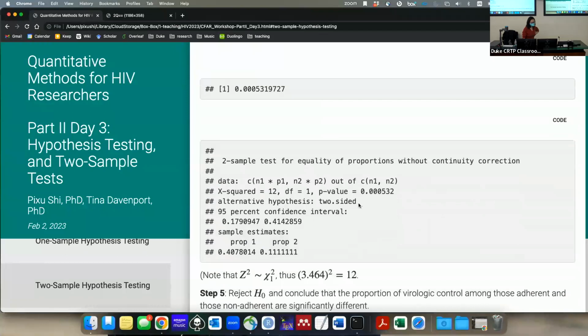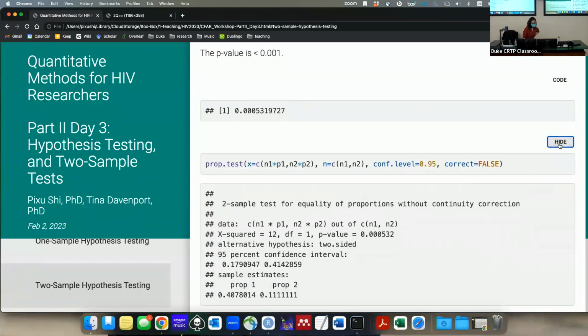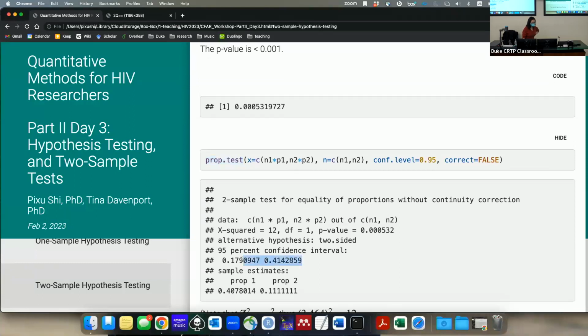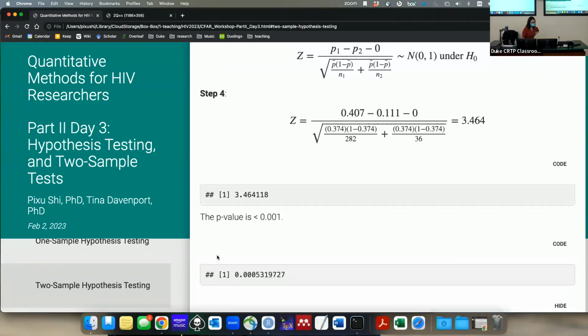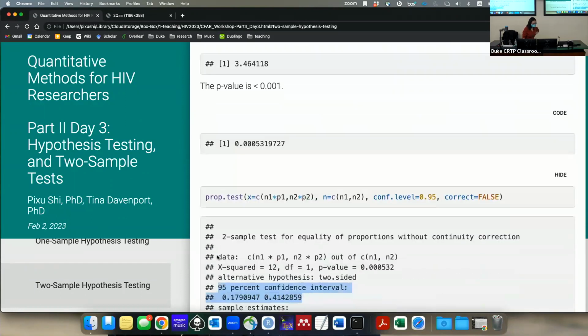So here I also have the code for using R. This one actually does not rely on the normality assumption, so it's safe to use when you have small sample size. And you can see the results are slightly different from above. Oh, actually they are the same, is it?